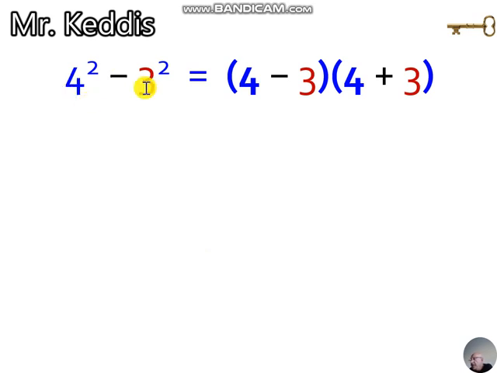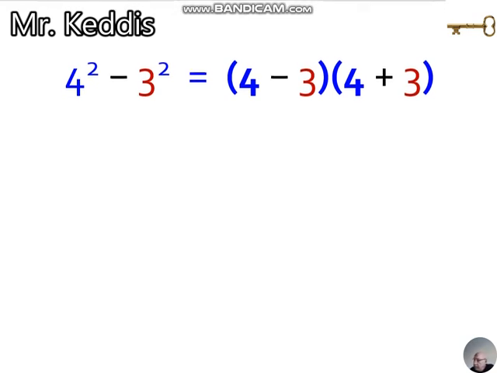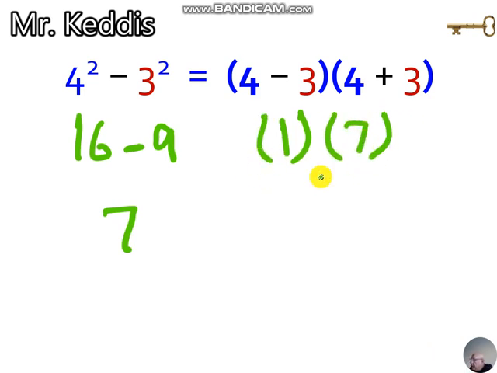Also, 4 squared minus 3 squared, when I factor this, becomes 4 minus 3 and 4 plus 3. If you find 4 squared here, you get 16. You get 16 minus 9, and 16 minus 9, you get 7. Here, 4 minus 3, you get 1, and 4 plus 3, you get 7. 1 times 7, you get 7.